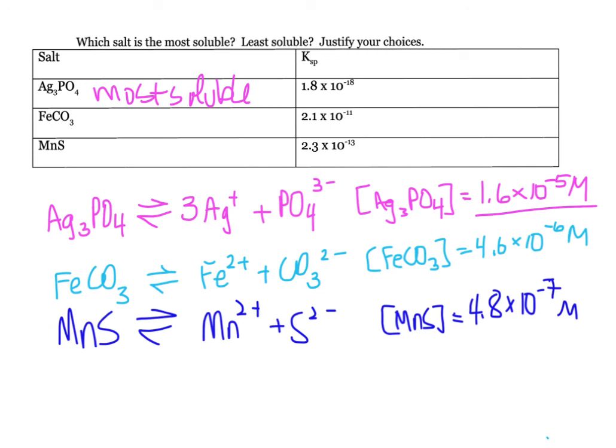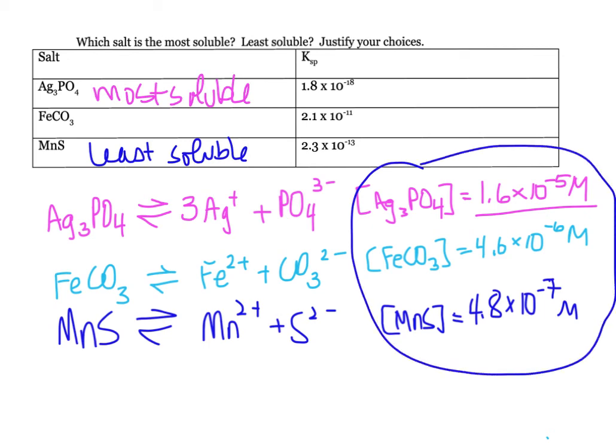And then the least soluble, the smallest number we have here is for the MnS, for the manganese(II) sulfide. So this is going to be our least soluble. Again, you have to look at the molar solubilities and do that comparison if they break up into different numbers of ions. So this one had 4 ions, this one had 2, this one had 2.